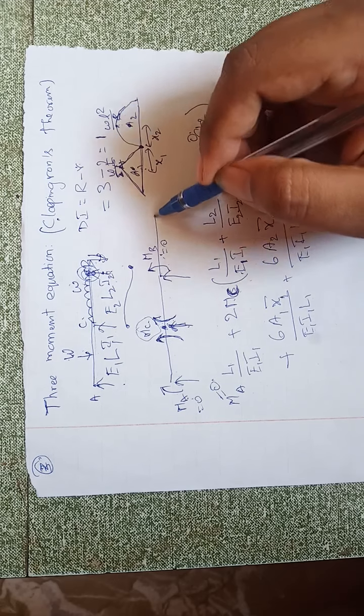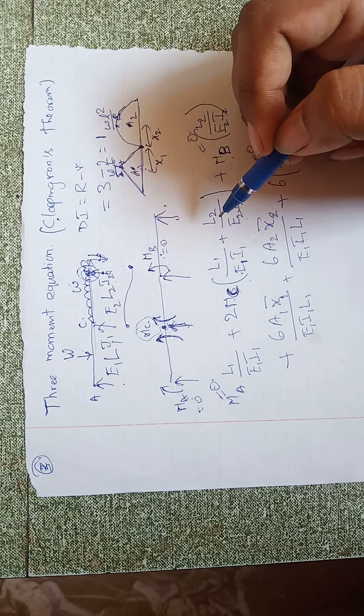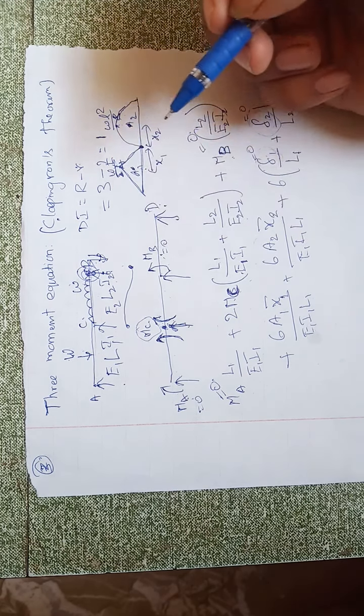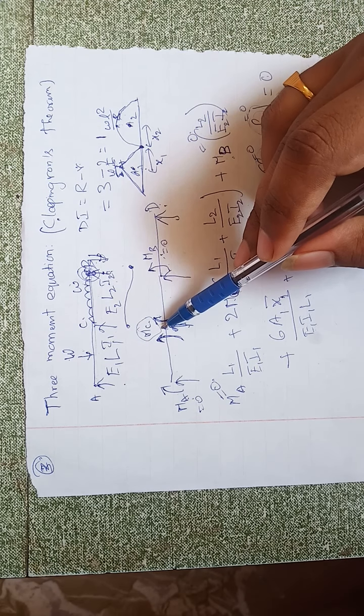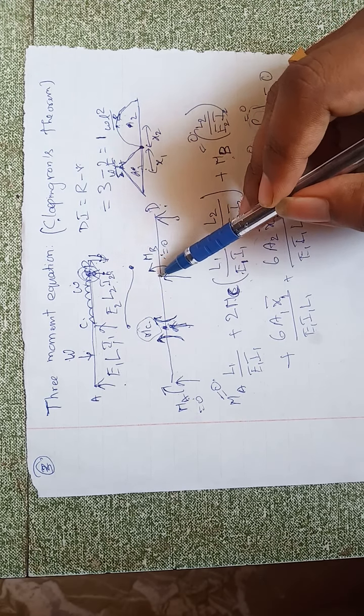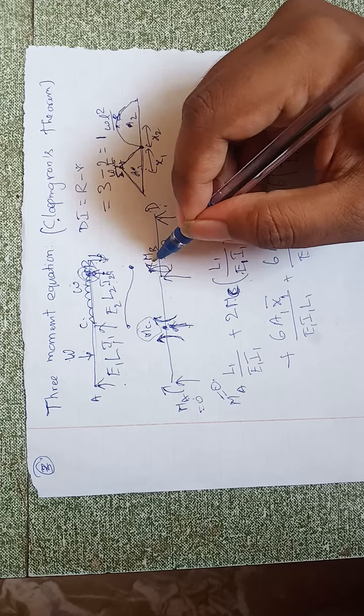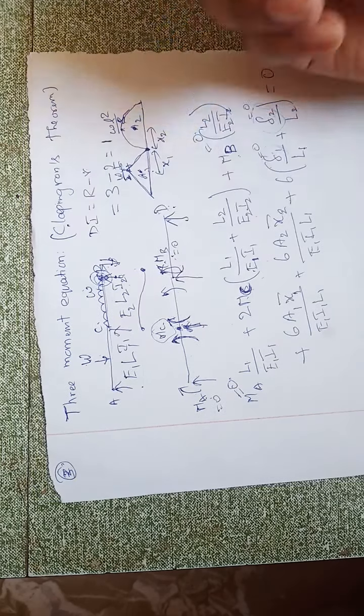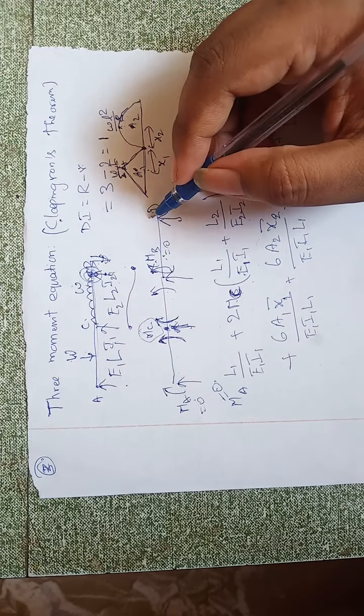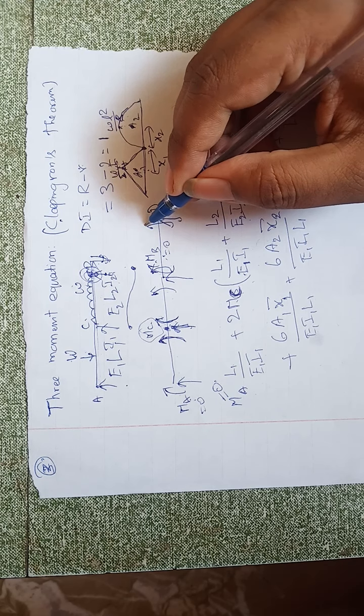You can see that if another point load is here, say at point D, you have to make one equation here and make another equation here. In this case it will have two things, and also here you will have another load.